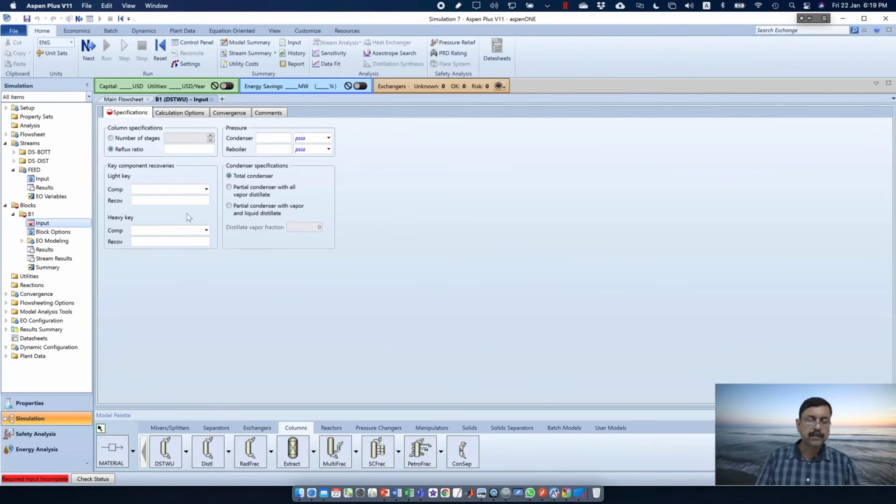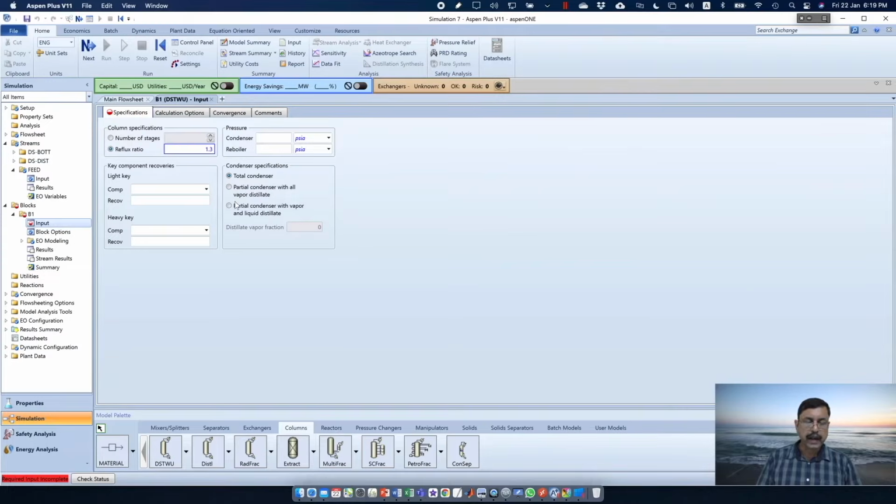Here in the reflux ratio, if we write 1.3, then the actual reflux ratio will be taken as 1.3. But if we write minus 1.3, then minus indicates that we are referring to 1.3 times the minimum reflux ratio. That's what the prefix minus means here. It is not a negative sign. It is 1.3 times the minimum reflux ratio. That's what it means.